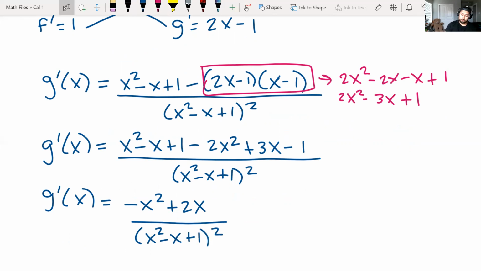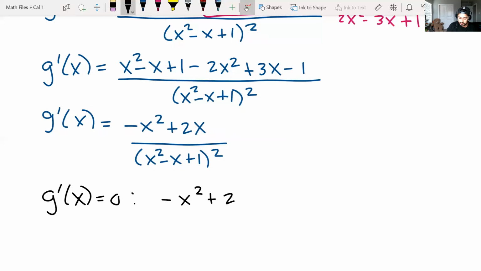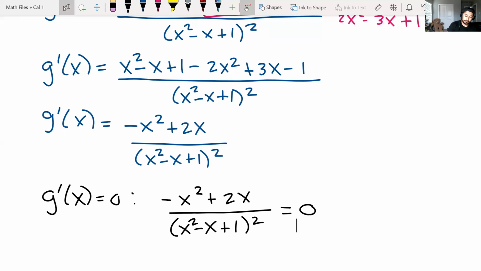Okay, now we're just looking for critical numbers. So let's set the derivative equal to 0. That's negative x squared plus 2x over x squared minus x plus 1 squared equal to 0.